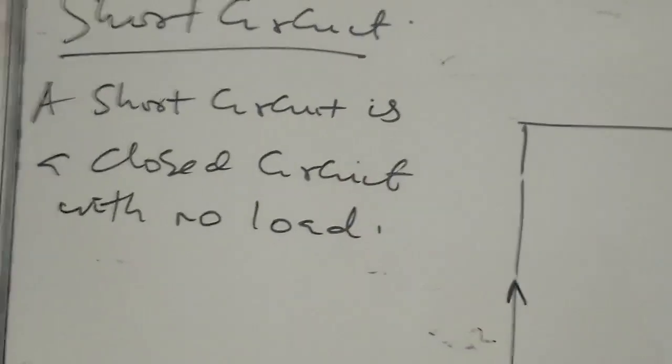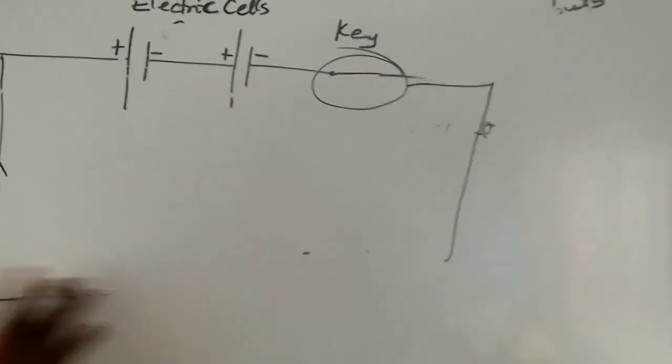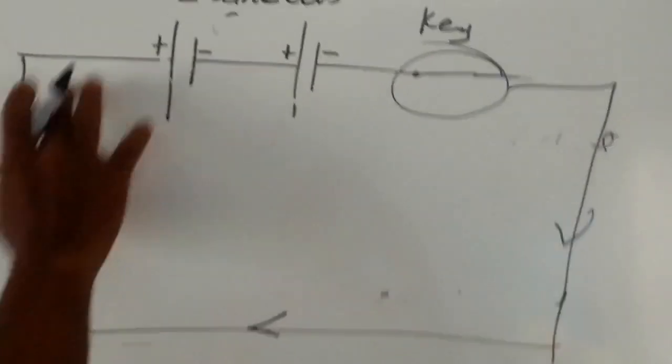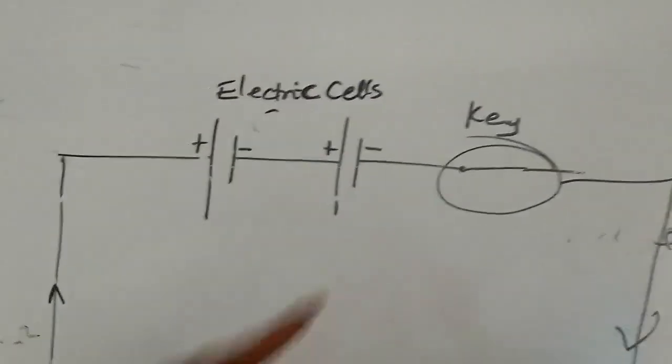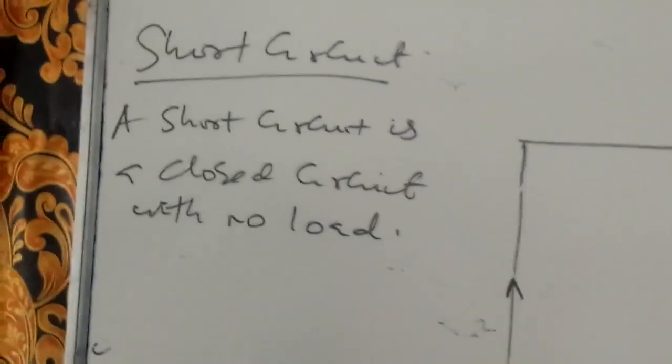For instance, you go to the diagram and remove the load, which is the bulb and perhaps these electrical appliances. So the kind of circuit we now have is called a short circuit. A closed circuit bearing no load, only the key and the cells. So that's all about this circuit.